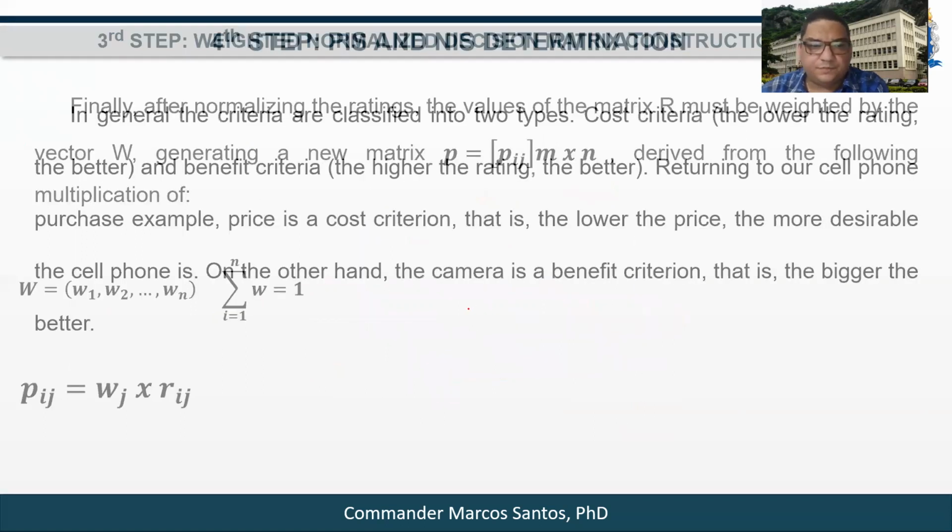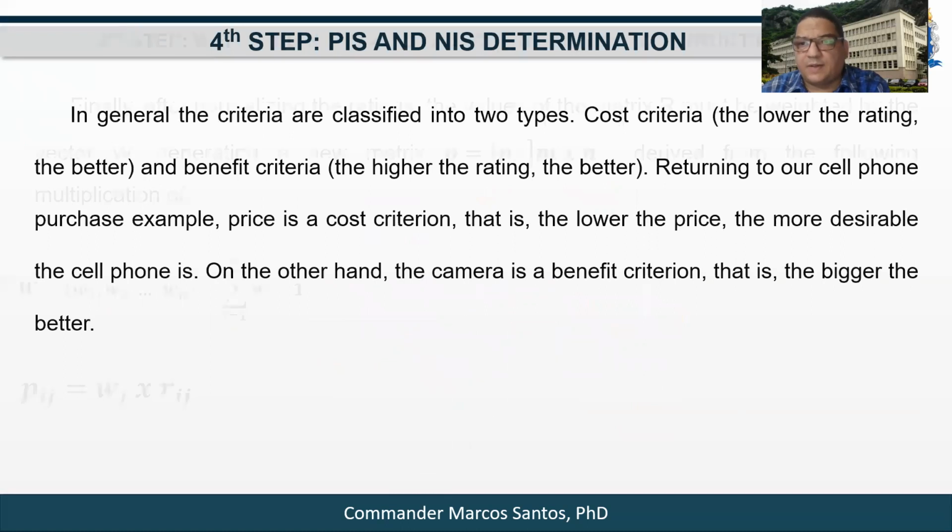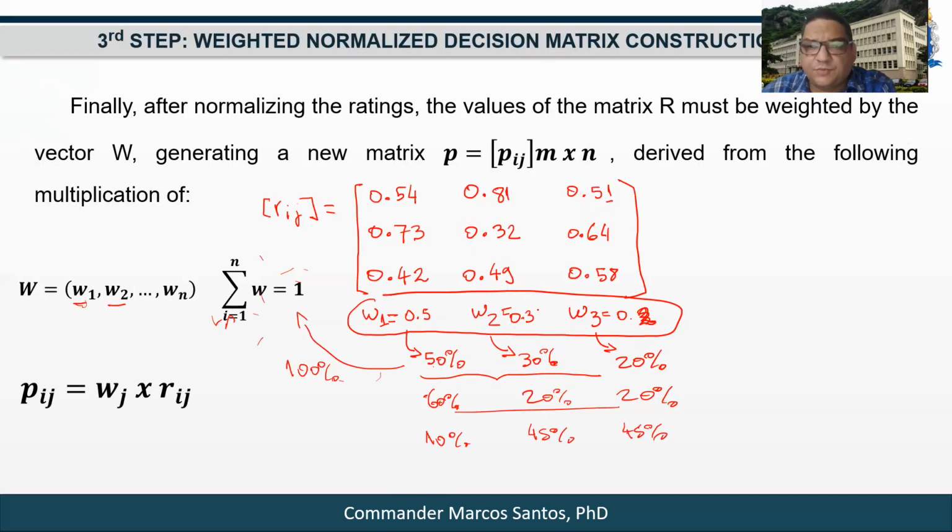So now I will multiply each weight by the values in its column.